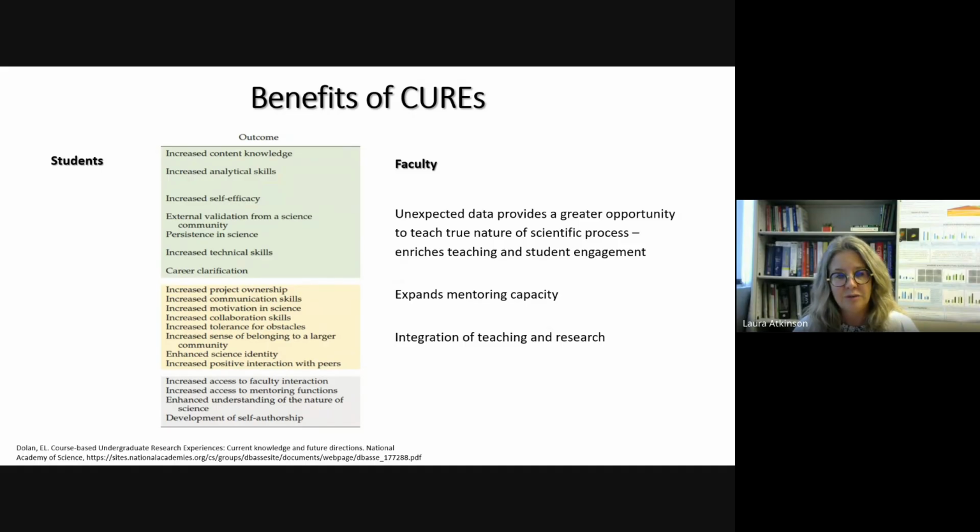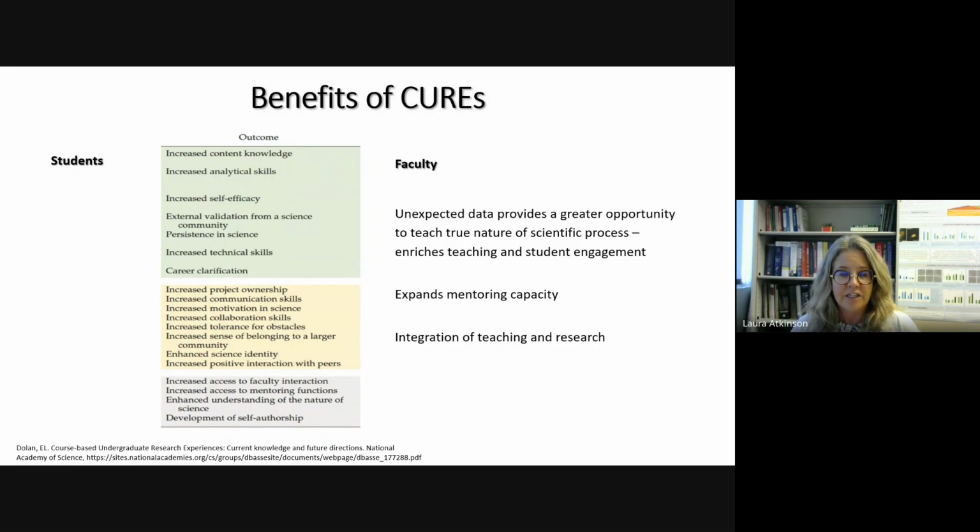Increased sense of belonging to a larger community. Obviously, if they're generating a novel research question based on scientific literature, then they're actually seeing how that question fits into that scientific field. And with that is an enhanced science identity and positive interaction with their peers.